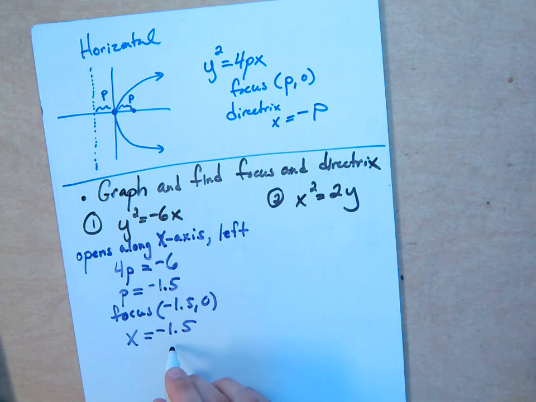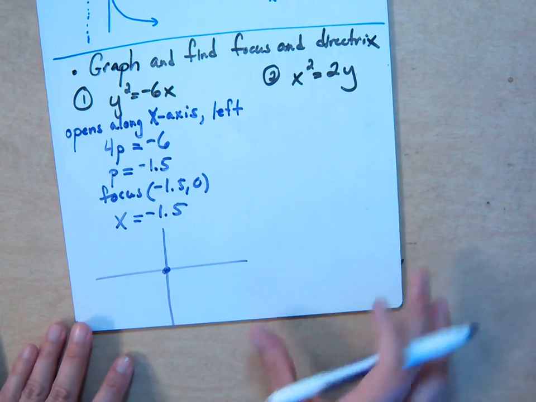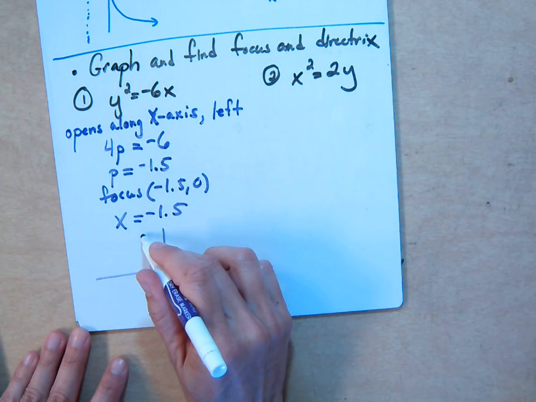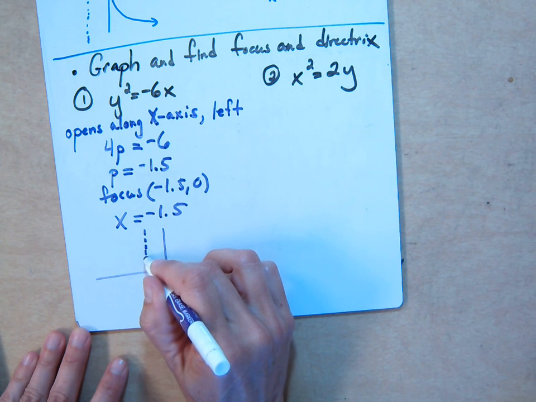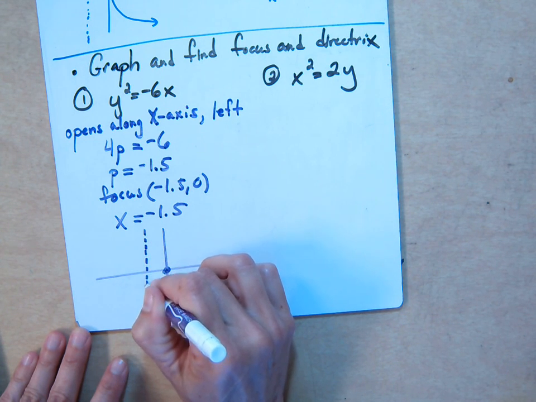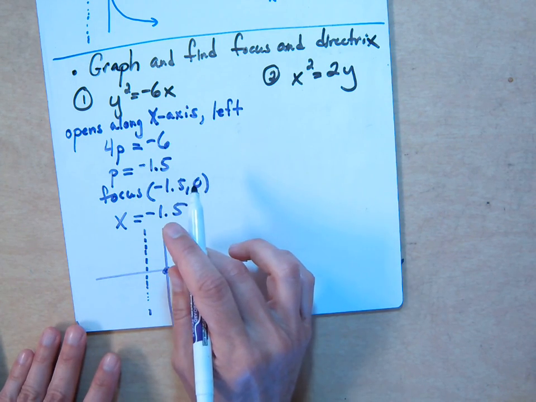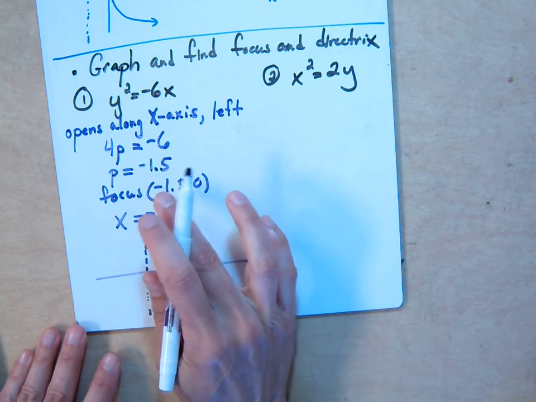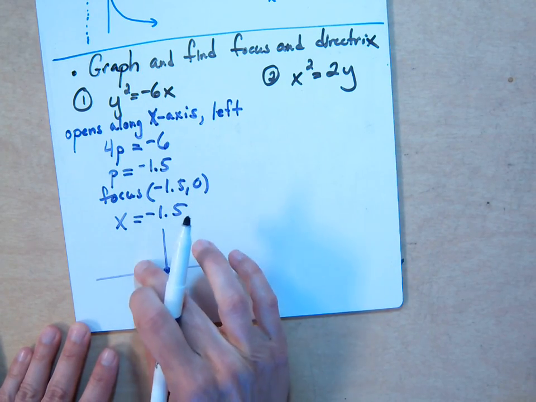So when we sketch it, our vertex is always at 0, 0. The directrix is x equals the opposite of p. I'm sorry about that.